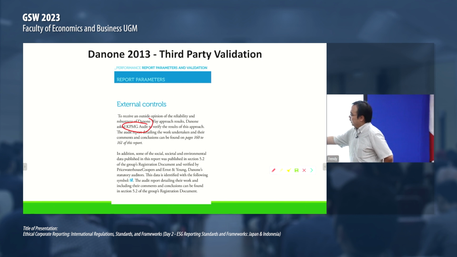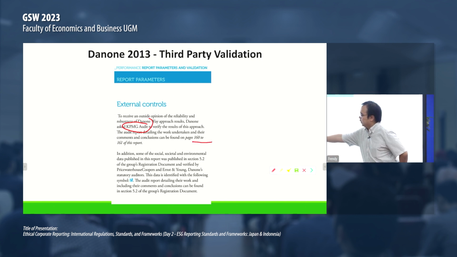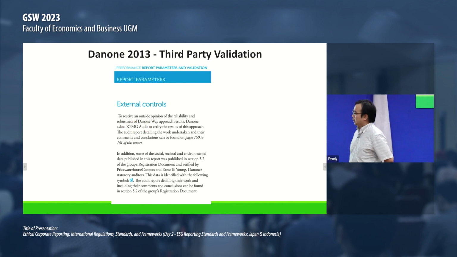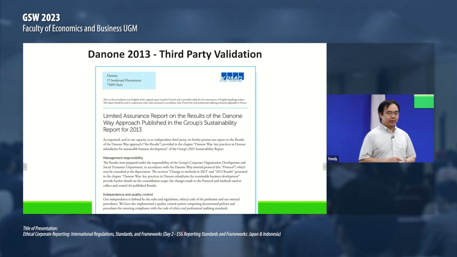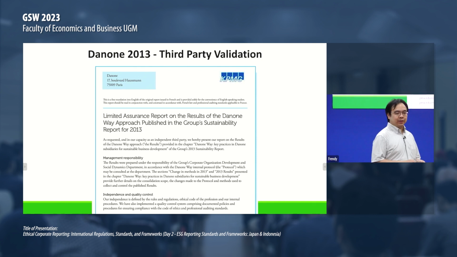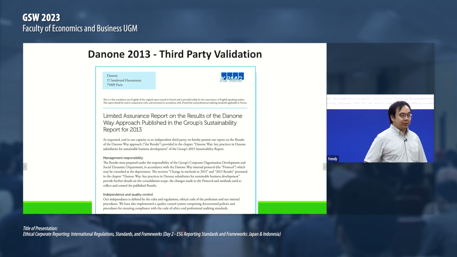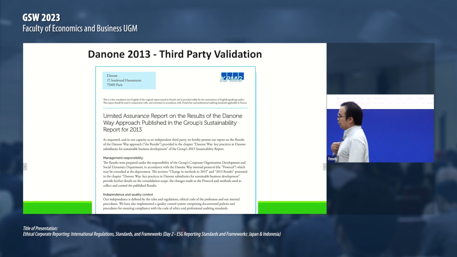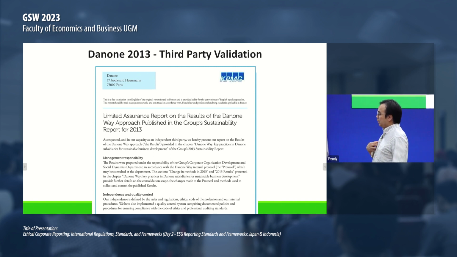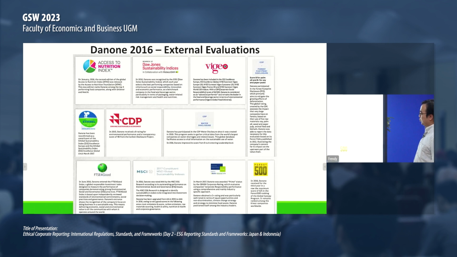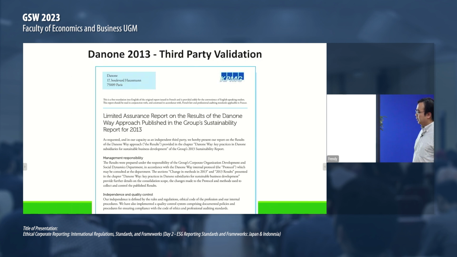And we can see the comments and conclusion within this integrated report. So let's check it. All right. So this is the report that they showed related to the assurance of Danone's IR. Okay. So please take a look at the first pages here.